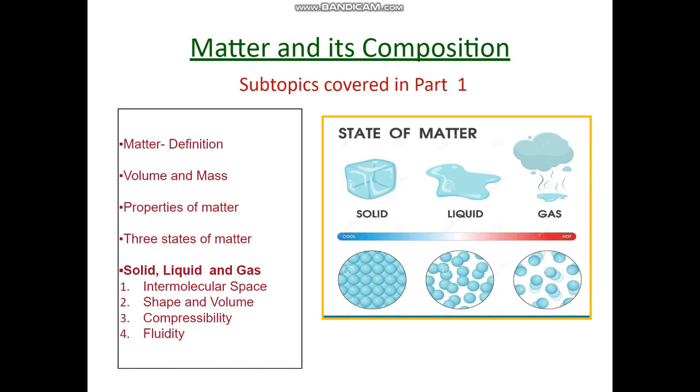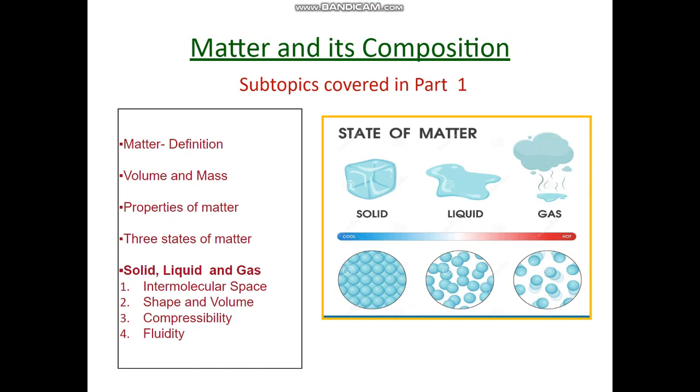I hope all of you must have learned the definition of these properties which we have covered in the subtopic. Now for your recollection, I have again drawn a diagram of solid, liquid and gas in which the arrangement of molecules is very clear. As you see in the first diagram of solid state of matter, you will find molecules are tightly held together.